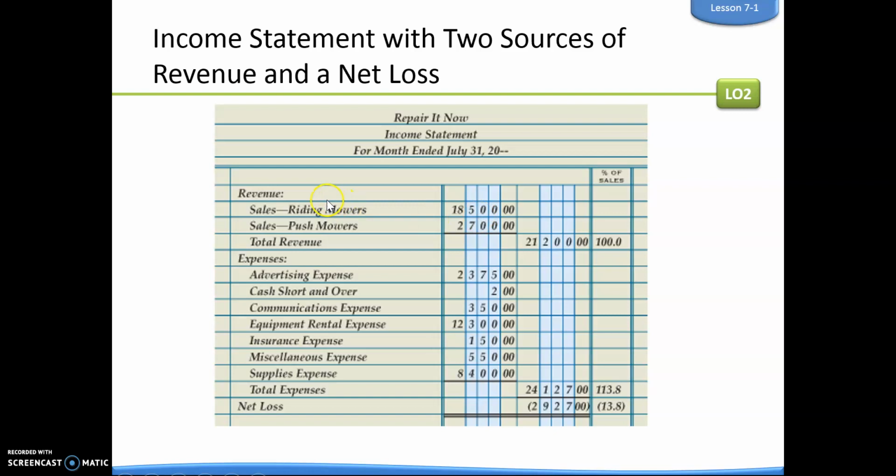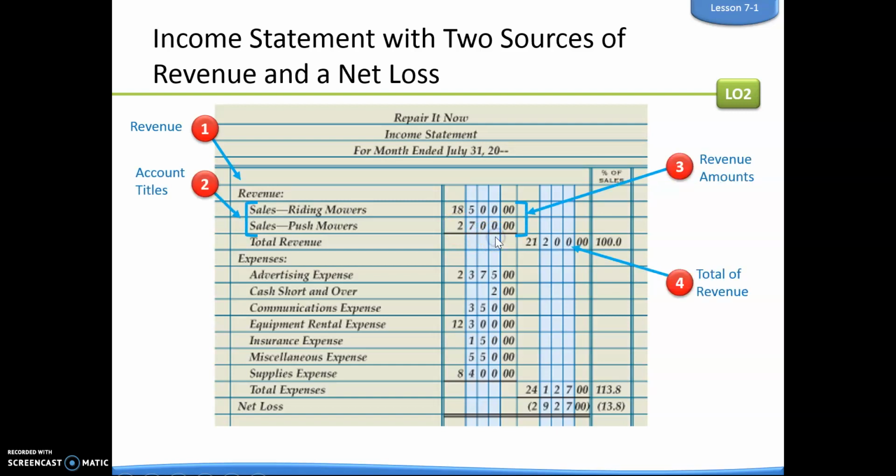Here is an example of possibly having two sources of revenue. If that were the case, you would simply list both. Again, in the first column, do your single rule, okay, and then you would have your total revenue that goes in the second column. Also, you always run the risk of possibly having a net loss, and all that means is that your revenue was less than your expenses.